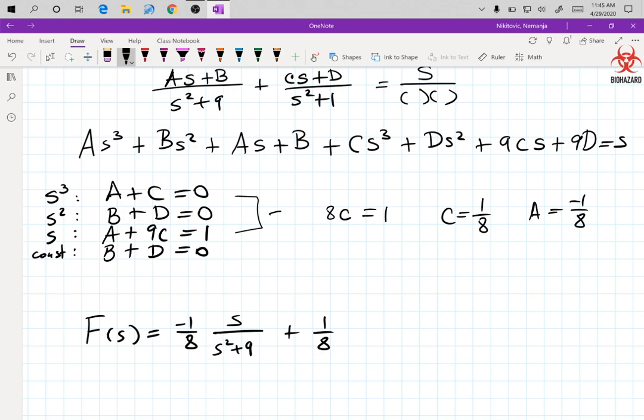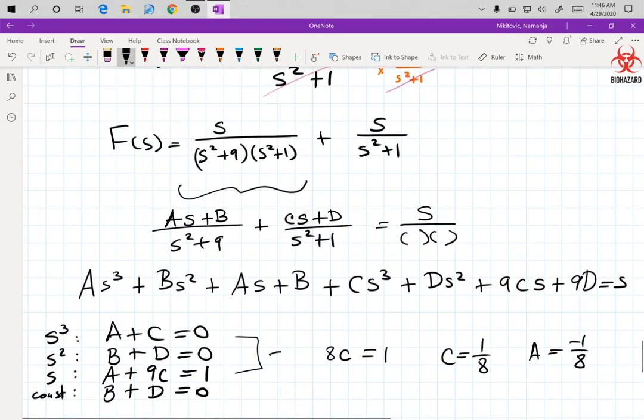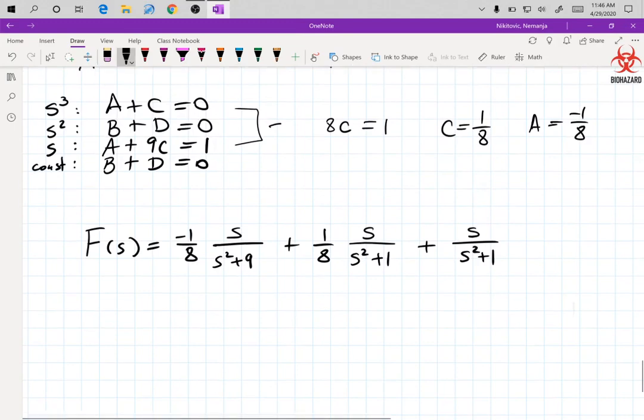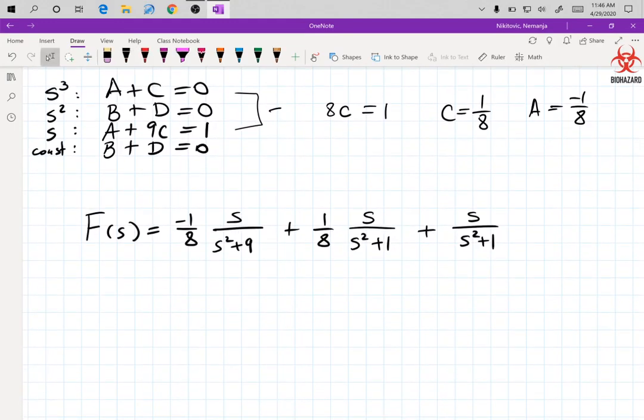plus 1 over 8. C survives, so s over s squared plus 1, and I still have plus s over s squared plus 1 over here. Now we're going to write this one more time.